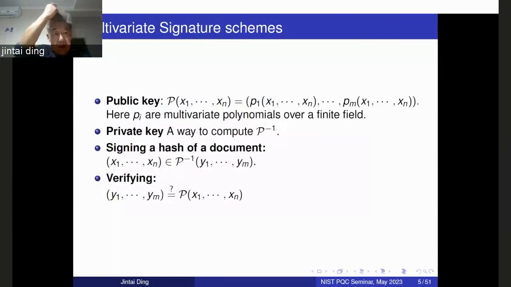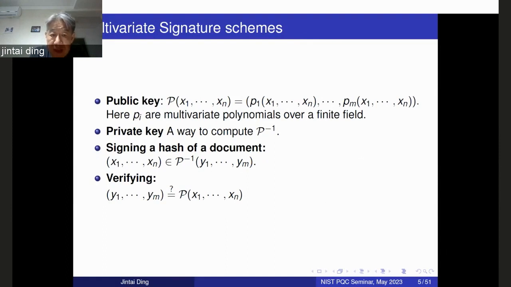Let me introduce what multivariate signature schemes are. In a multivariate signature scheme, the public key P(x1,...,xn) is given by a set of m polynomials, p1(x1,...,xn) to pm(x1,...,xn). Here, each pi is a multivariate polynomial over a finite field.